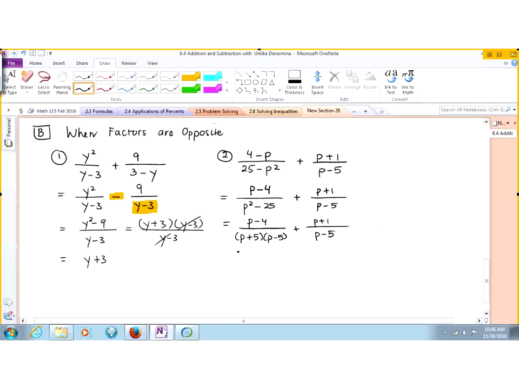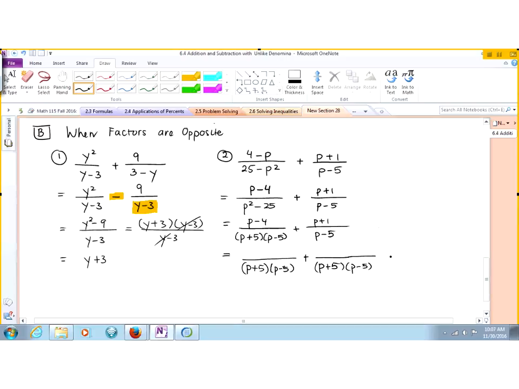All right. So you have to rewrite it first. Now, what is the LCD? So yes, the LCD is p plus 5, p minus 5. All right. P plus 5, p minus 5.